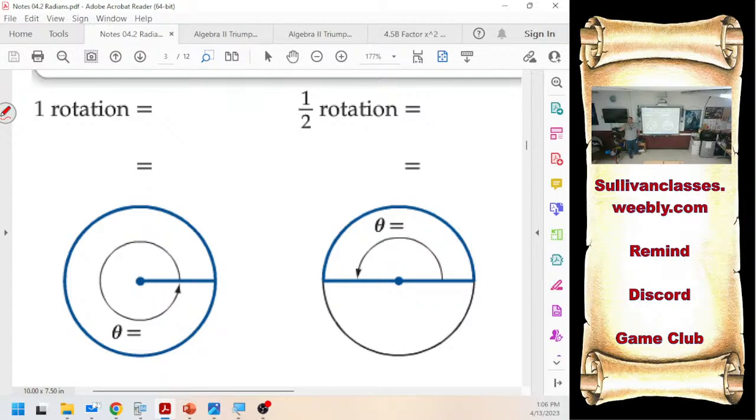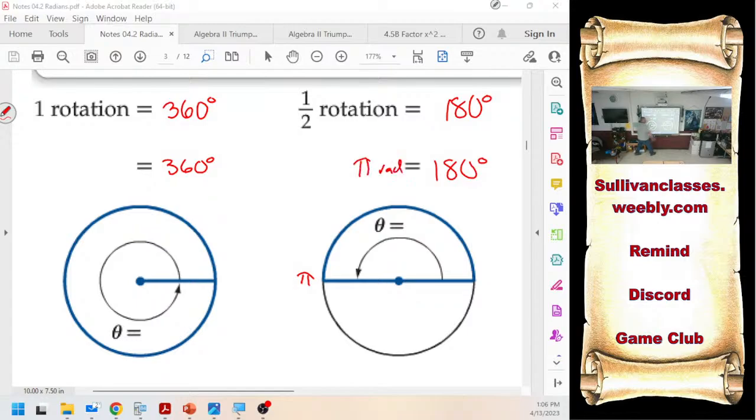Anyway, rotation. We said that one full rotation, 360 degrees, was, well, if 180 degrees was pi radians, then what is a full rotation?